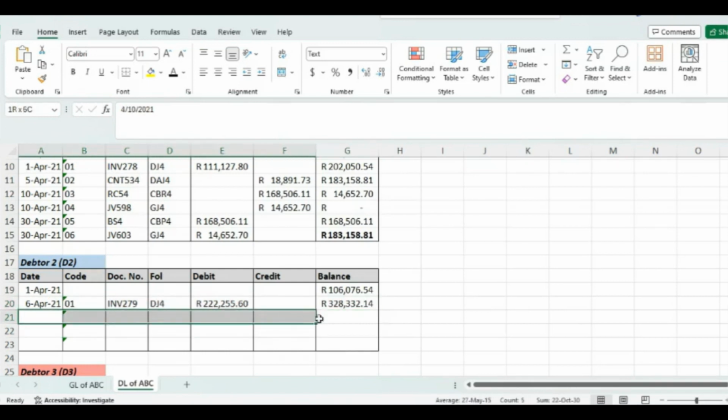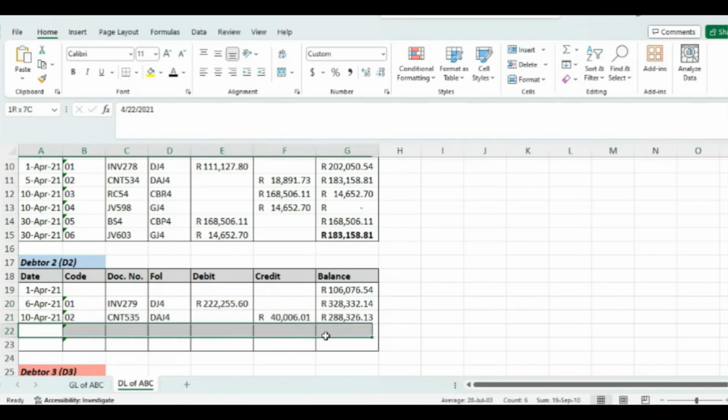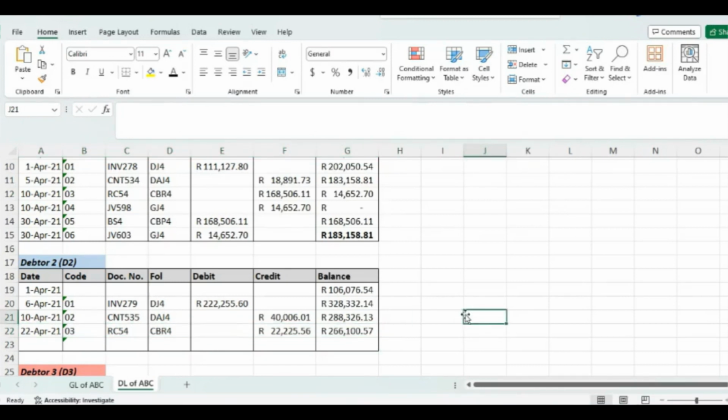Then he returns some of the goods to the tune of 40,000. So we make out a credit note and we credit his account. Then there is a payment that we see in the cash book receipt, leaving us with 266. But obviously, he phoned and asked, listen, guys, you owe me money, I owe you money. What's the difference? We said, listen, the difference is 22,225.